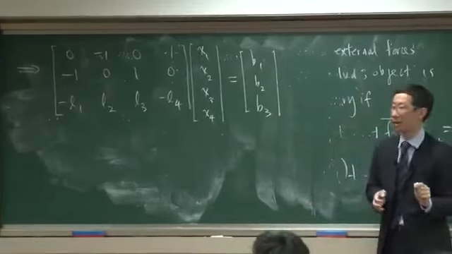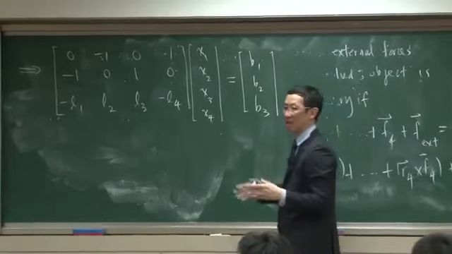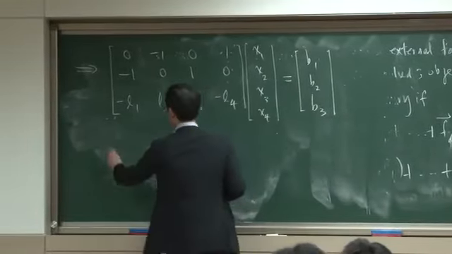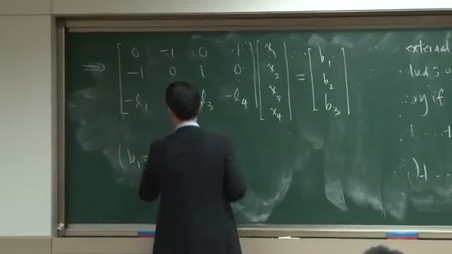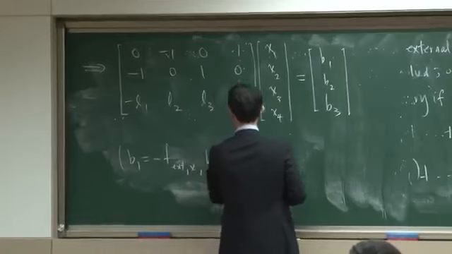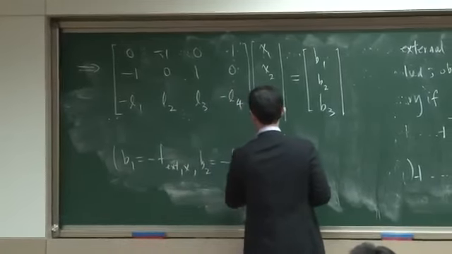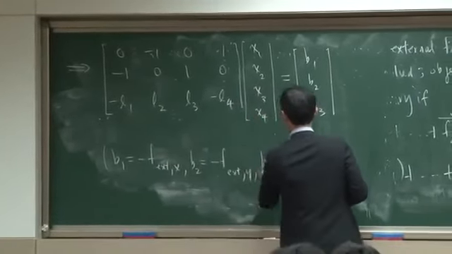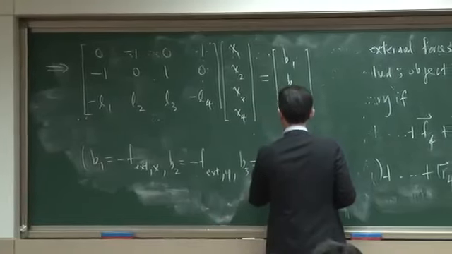So you can see that b1 is just minus f external in the x direction, b2 is minus f external in the y direction, and b3 is just minus the external moment.